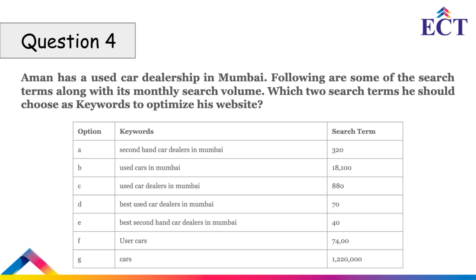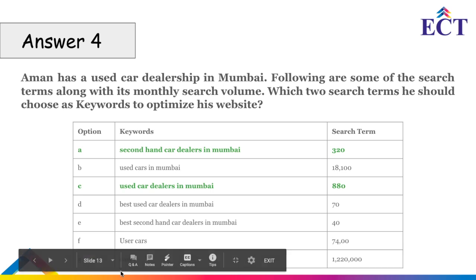All right. There could be many answers to this, but ideally, since this is a new website and Aman has the used car dealership, the correct answer would be A and C. The reason is, let us first see which will not be an answer.